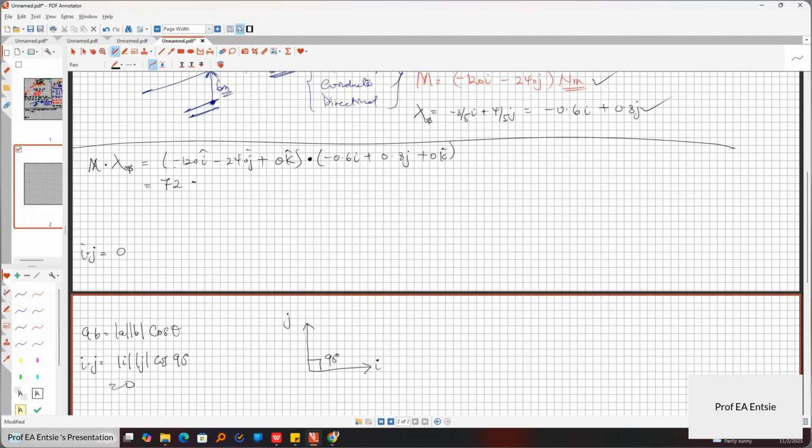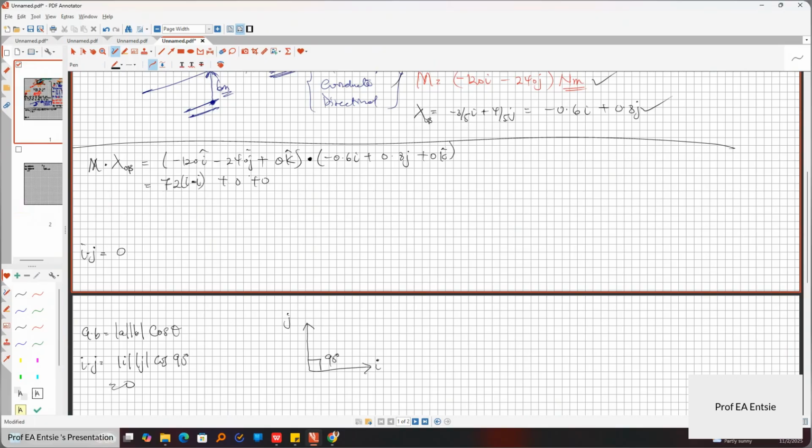So if I come here, negative 120I times negative 0.6I, if I dot it, I'll get 72 I dot I. Then negative 120 times 0.8 is negative 96, but it will be I dot J, and I dot J is 0. Then lastly, negative 120 times 0 is 0.